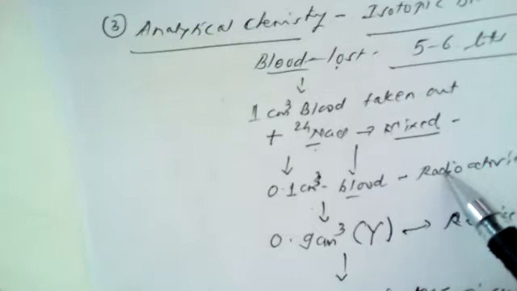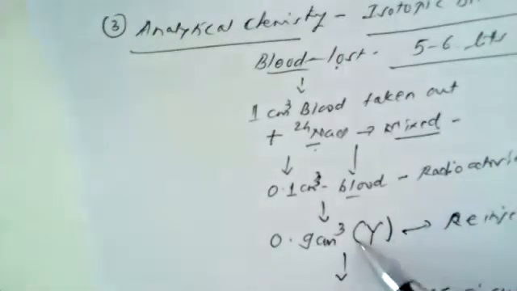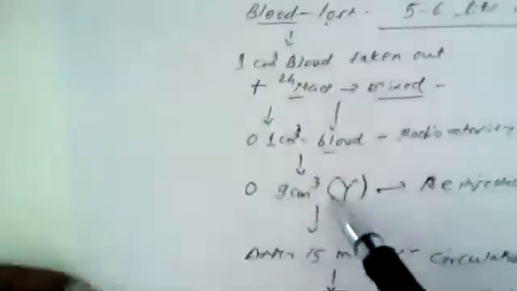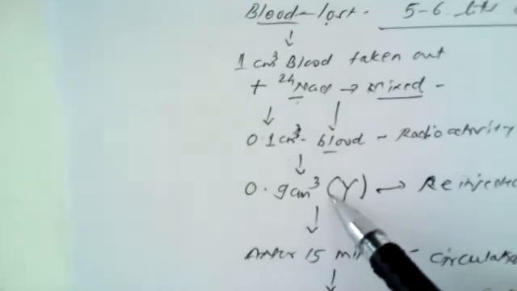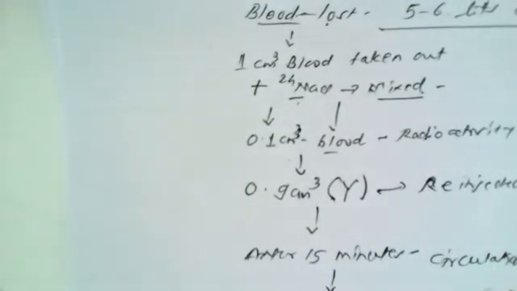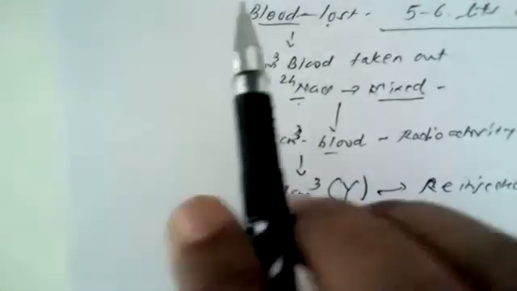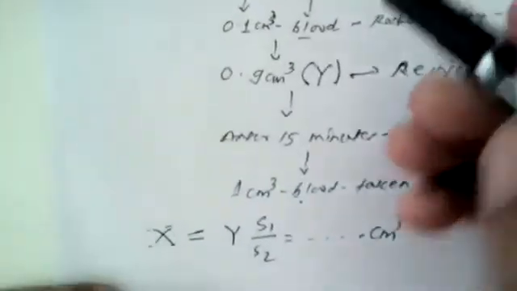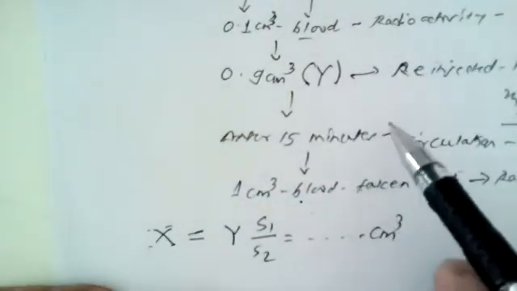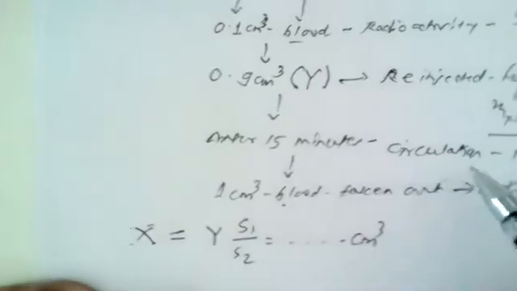The rest of the labeled blood, 0.9 cm cube, which we call capital Y, is again re-injected into the patient, and after about 15 minutes, the period required for circulation and homogenization of the blood, once again 1 cm cube of blood is taken out and its radioactivity is determined. For example, it is capital S2, which is shown here.